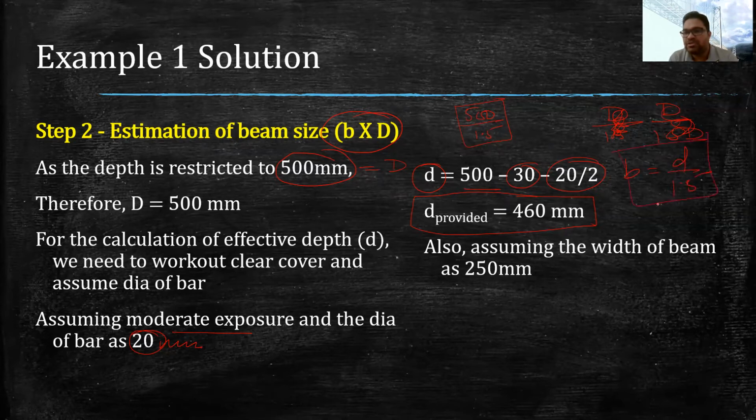This is basically a thumb rule. So B is equal to 460 by 1.5. So this will be 306 point something.